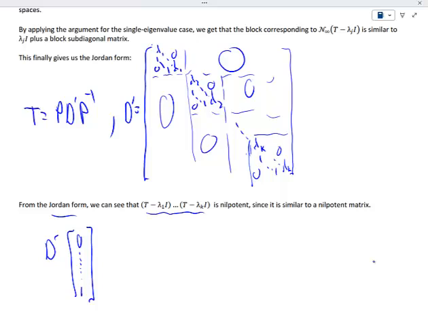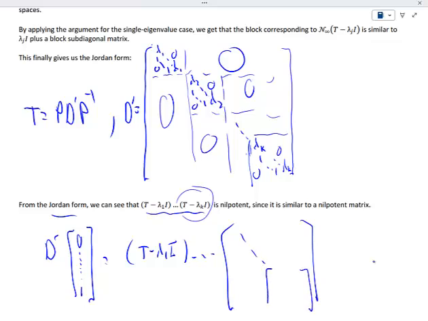This last matrix here, T minus lambda 1 I dot dot dot, all the way up to T minus lambda k I, is going to have a bunch of stuff up here. Now what about the last block? The last block is going to have 0s on the diagonal, because the lambda k is zeroing out this lambda k. So I'm multiplying all these matrices times this vector 0, 1, and I get 0.